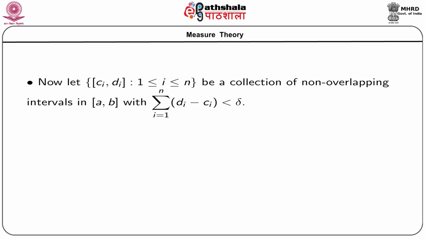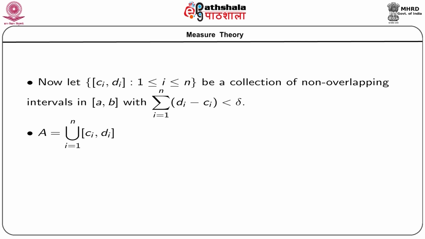Now, let [c_i, d_i], where 1 ≤ i ≤ n, be a collection of non-overlapping intervals in closed interval [a, b] with the sum of their lengths less than delta.